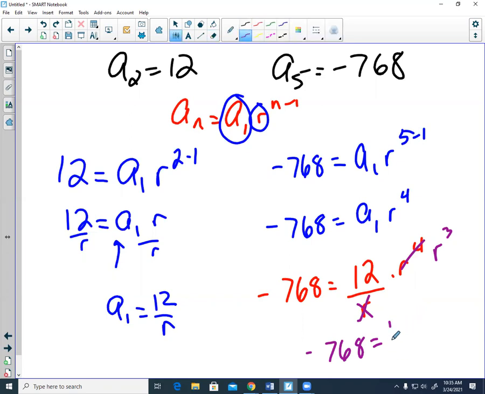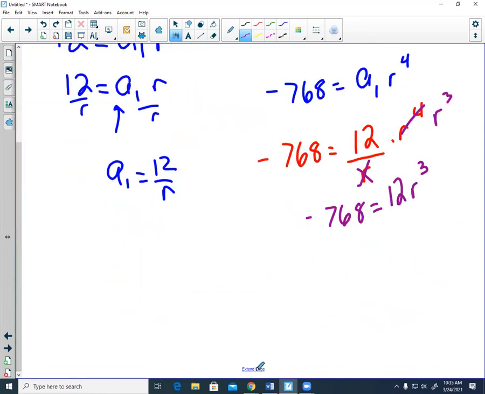Okay, and we'll go through another example of this a little bit more tomorrow. So now I have negative 768 equals 12r to the 3rd. In order to solve this, I'm going to divide by 12. And what is negative 768 divided by 12? Negative 64 equals r to the 3rd power. So I'm going to cube root.